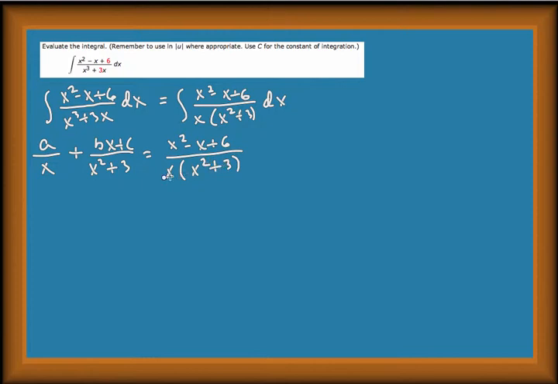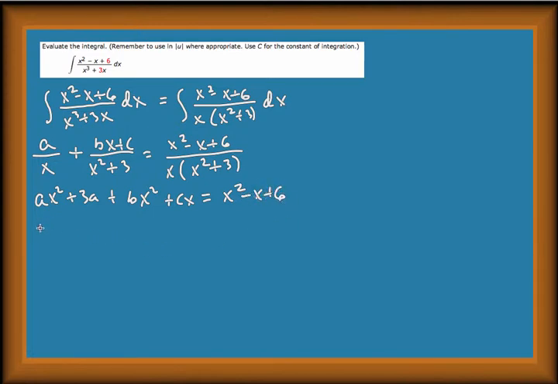Now we're going to multiply both sides by x times (x squared plus 3) in order to get the denominators to cancel out, and we're going to wind up with A(x squared plus 3) plus (Bx squared plus Cx) equals x squared minus x plus 6.